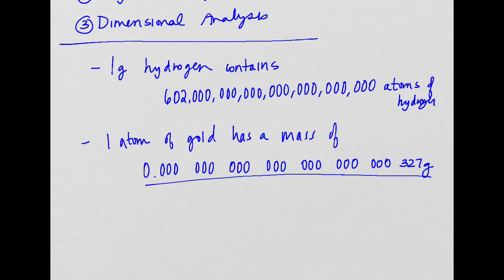So you see, the reason I'm writing these big, huge numbers for you is because in chemistry, we deal a lot with either super massive numbers like this one, or with super teeny tiny numbers like this one. And it can be super easy to make mistakes when we're writing numbers like this.